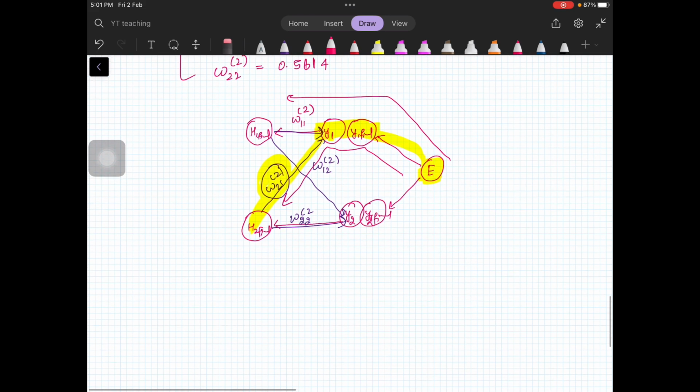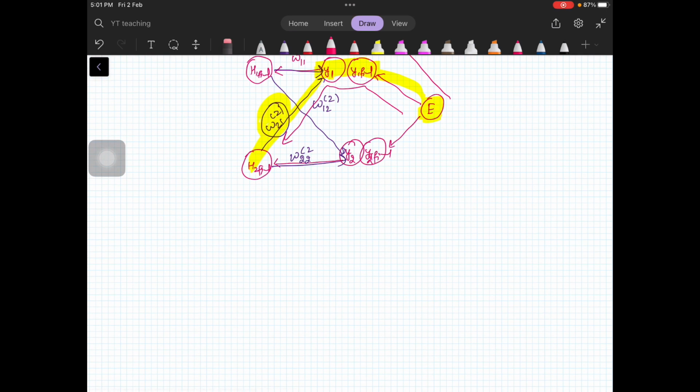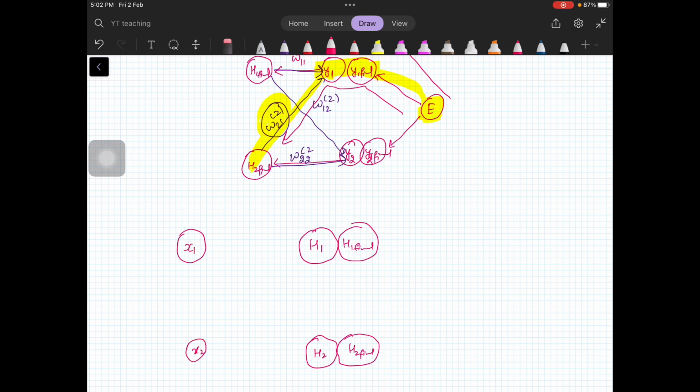Now if we go back further, so we have here, this is your H1, and then this is your H1 final, okay. And here you have your H2, and this is your H2 final, okay. And then you have, like, this was my first layer, right? This is my x1 and this is my x2, and here is my weight W111, right?